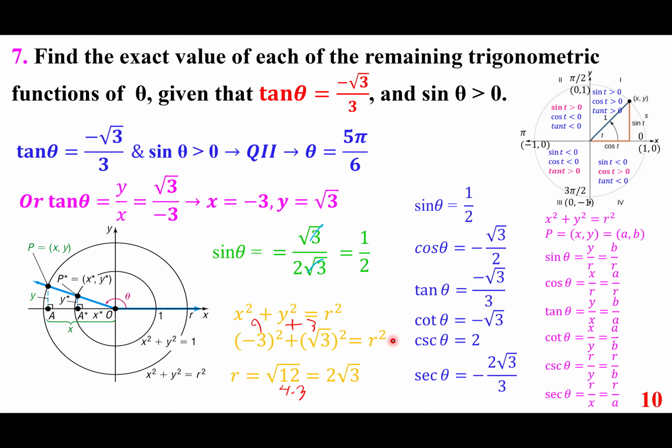And the rest of them are the reciprocals. So again, I showed you how to find x and y, how to find sine. You can figure out the rest just following those formulas. Of course, it can be done with identities as well.